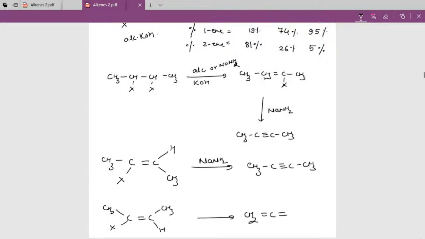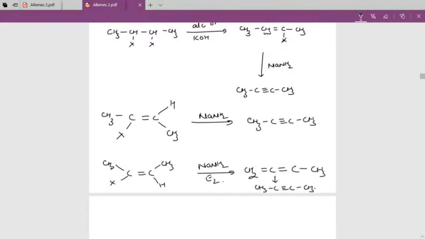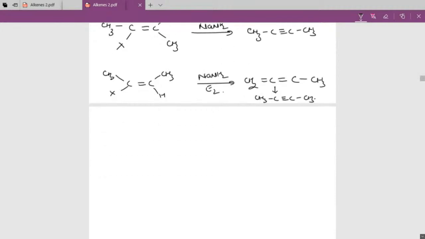It won't have elimination from this side. It will have an allene. Yes, allene rearranging to alkyne is a different thing, but the pathway is through the allene. It is not directly to alkynes. And the reason, if someone asks, then please tell them that it is anti-periplanar, and the anti-periplanar conditions are not achieved in this given isomer. That is why it goes through allene, then alkyne. But anti-periplanar geometry is compulsorily maintained.